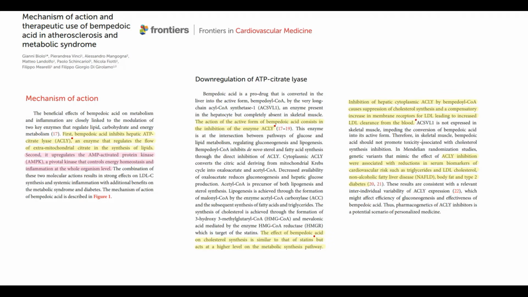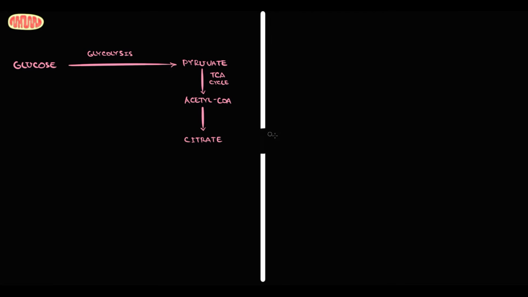So let's explain how inhibition of ATP-citrate lyase leads to a decrease in blood cholesterol level. Recall that when glucose enters the cell, glucose undergoes glycolysis to pyruvate. Then in the mitochondria, pyruvate undergoes degradation in the Krebs cycle to acetyl-CoA. After this, we convert acetyl-CoA to citrate, and citrate is transported through the mitochondrial membrane into the cytosol.